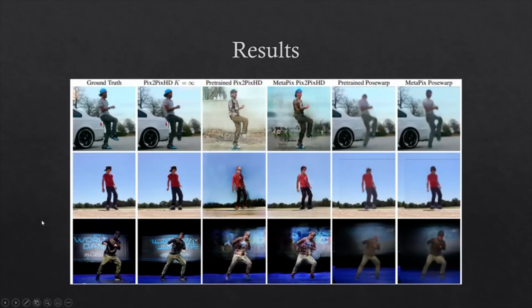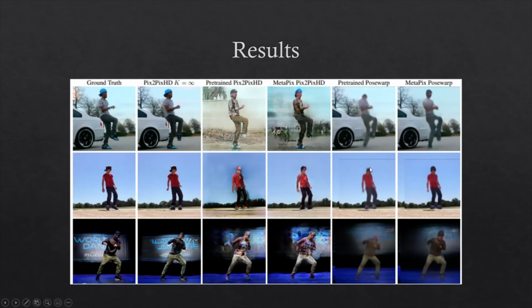So if we compare the image results for Pix-to-Pix and pose warp, the MetaPix is consistently better than the pre-trained method. So if we look at Pix-to-Pix MetaPix, it's closer to the ground truth than pre-trained, and the same is for pose warp MetaPix.